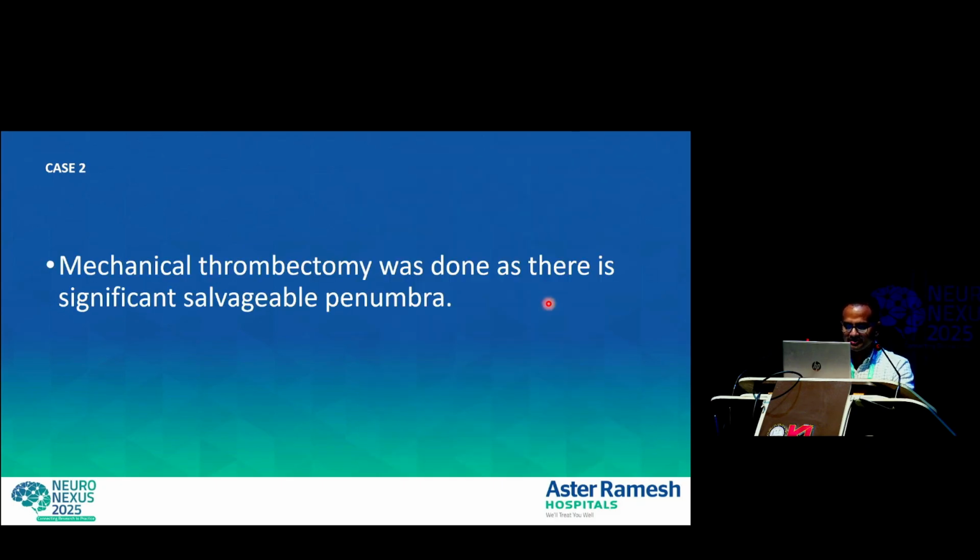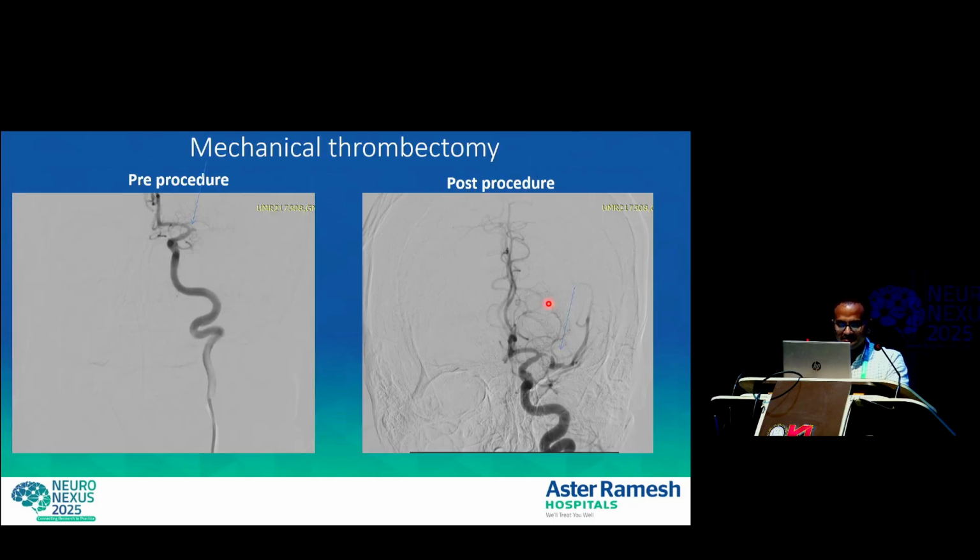So mechanical thrombectomy was done as there is a significant salvageable penumbra. He underwent DSA. Pre-procedure we can see the left M1 segment cut off here, and after the procedure he had a grade 3 TICI flow. Still we can see the significant stenosis here.